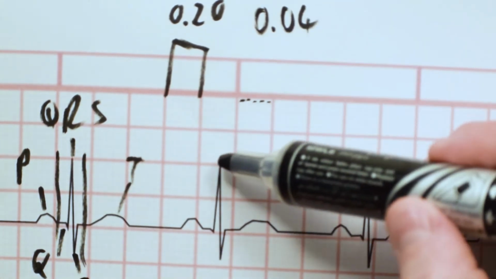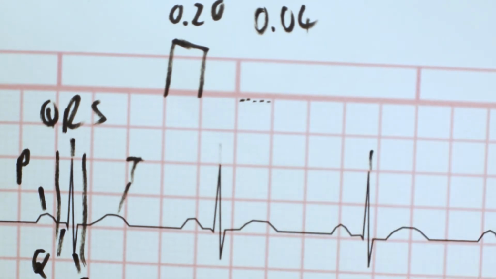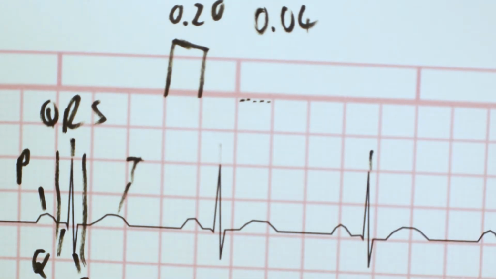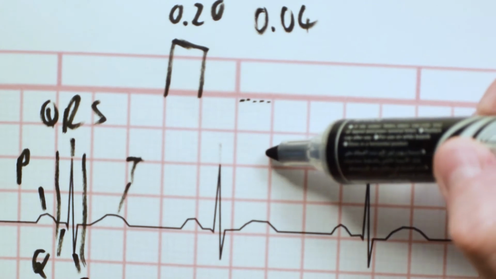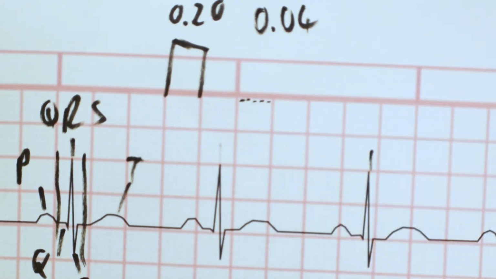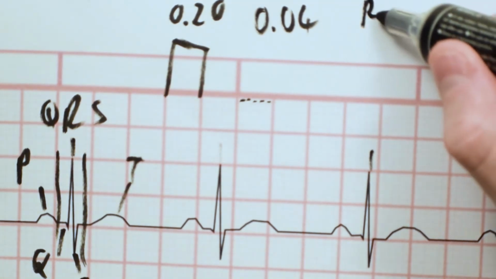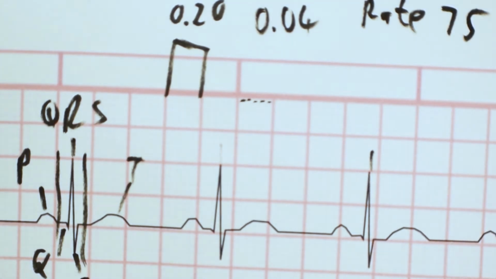Between every R wave, you can count the big blocks and divide 300 by the number of blocks you have found. So we go, well, that's 1, 2, 3, 4. So 300 divided by 4 is 75. So we have a rate of 75.